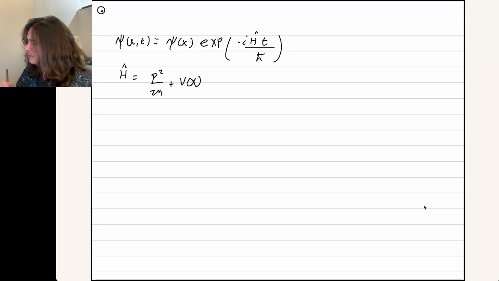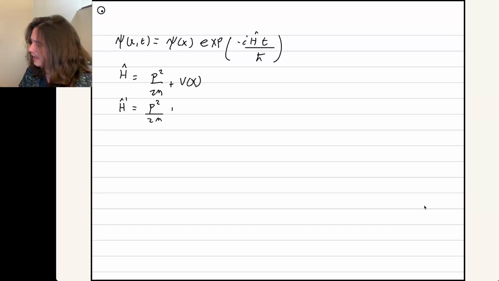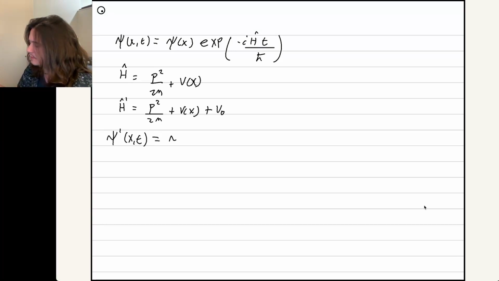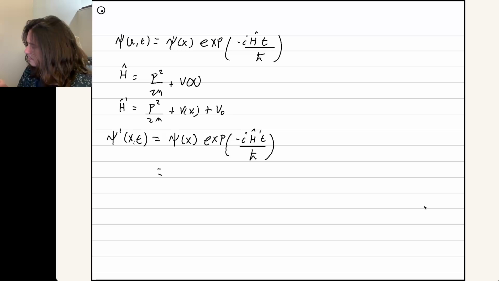So what happens when we add an additional constant, V naught? Looking at the new time-dependent wave function, assuming we're still using the same time-independent wave function, we're multiplying by e to the minus i H prime t over h bar, where H prime is the new Hamiltonian, identical to the last one except it has an additional V naught term.